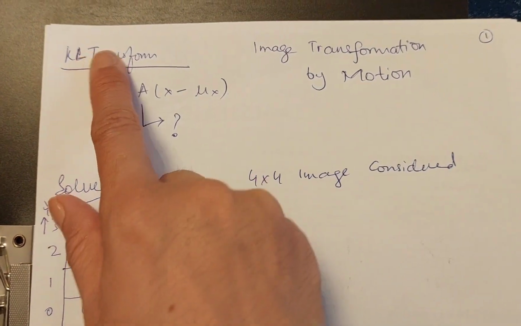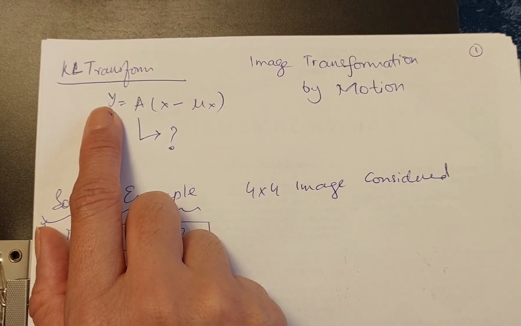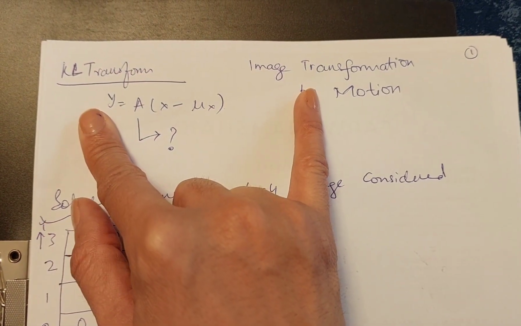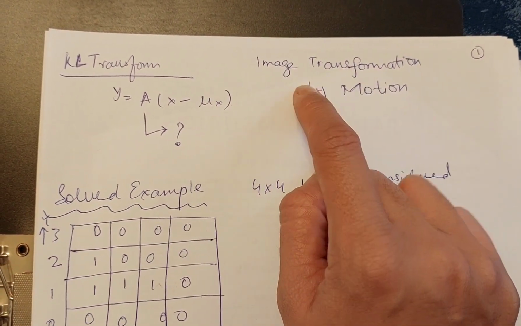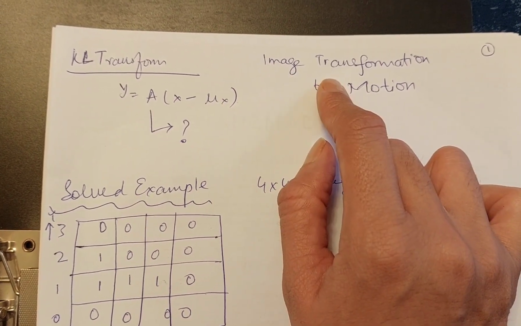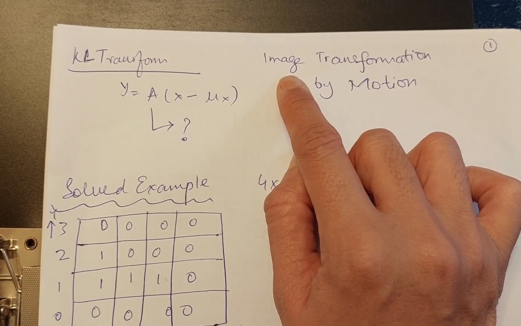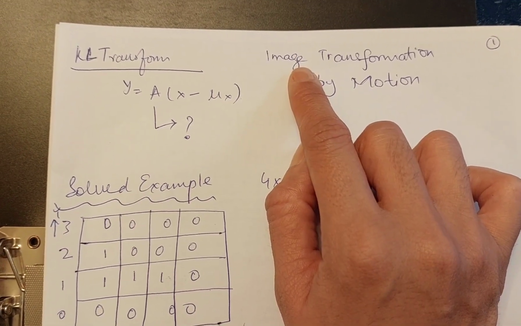The KL transform, or Kanade transform, helps do image transformation by motion. When there is a video in which some object is moving, your image transforms. We want to find out how much that transformation is.